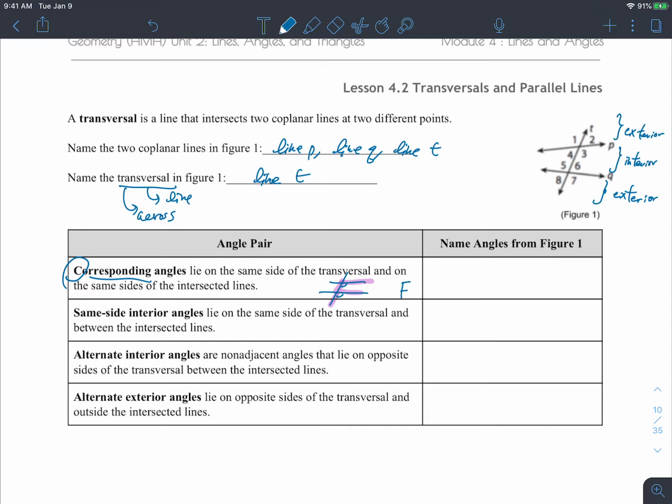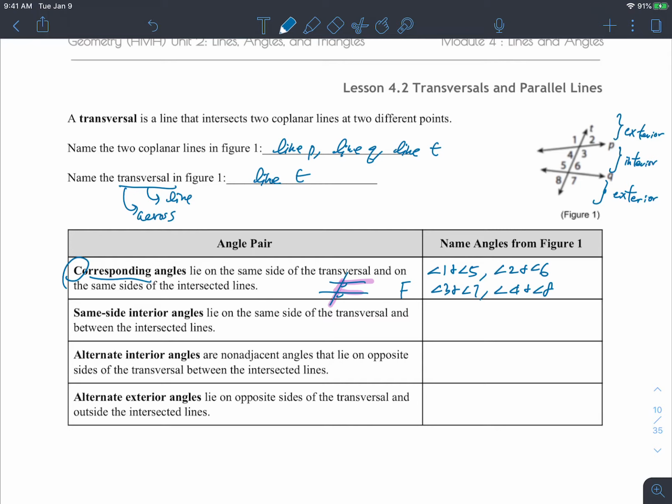It's in the same relative position. So angle 1 and 5 are two corresponding angles. Can you name the other three? If you said angle 2 and angle 6, angle 3 paired with angle 7, and angle 4 and angle 8, you'll be absolutely right.